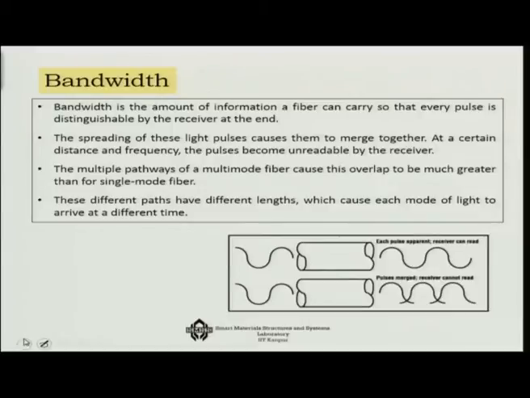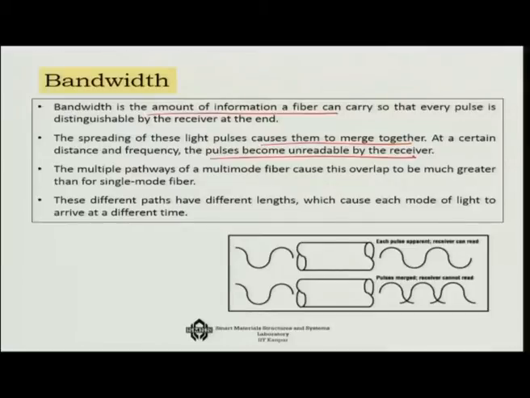Then there is a question of bandwidth. This refers to the amount of information a fiber can carry so that every pulse is distinguishable by the receiver at the end. The spreading of this light pulse actually causes these pulses to merge together. At a certain distance and frequency, the pulses may become unreadable by the receiver.